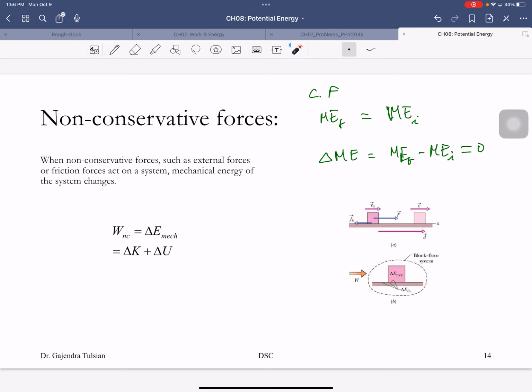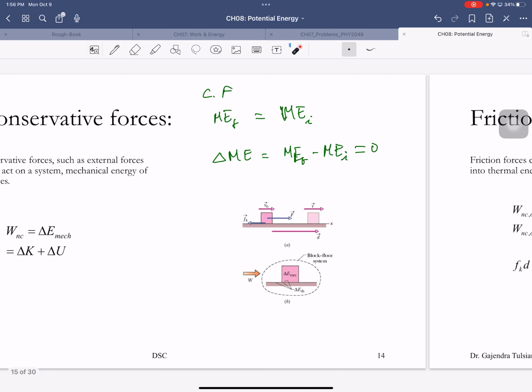Your car engine's force is changing the mechanical energy of your car. If you do positive work, then you're increasing mechanical energy, and if you do negative work, you're decreasing mechanical energy. So when you apply brakes to your car, you're decreasing its mechanical energy. When you're accelerating, you're increasing it.